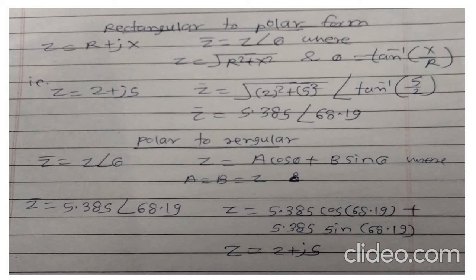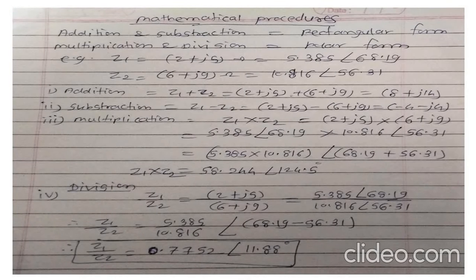Whenever we have to do addition or subtraction, we need to use the rectangular form, and whenever we have to do multiplication and division, we have to use the polar form.